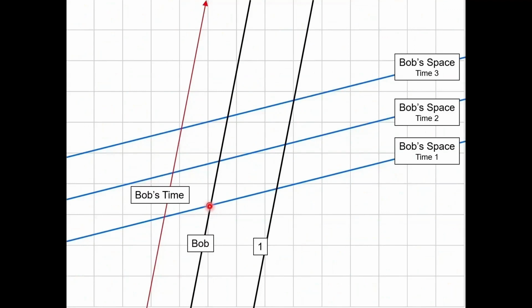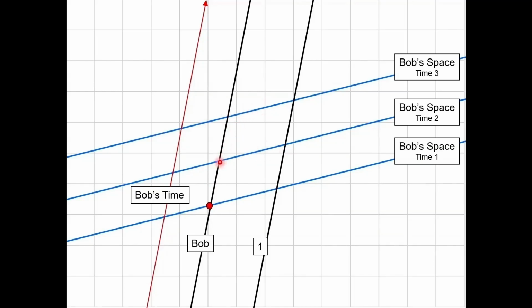To answer this question, we'll start by translating some of our outside view to our inside perspective. Here we have Bob and world line number 1. This is Bob's space at time 1, Bob's space at time 2, and Bob's space at time 3.